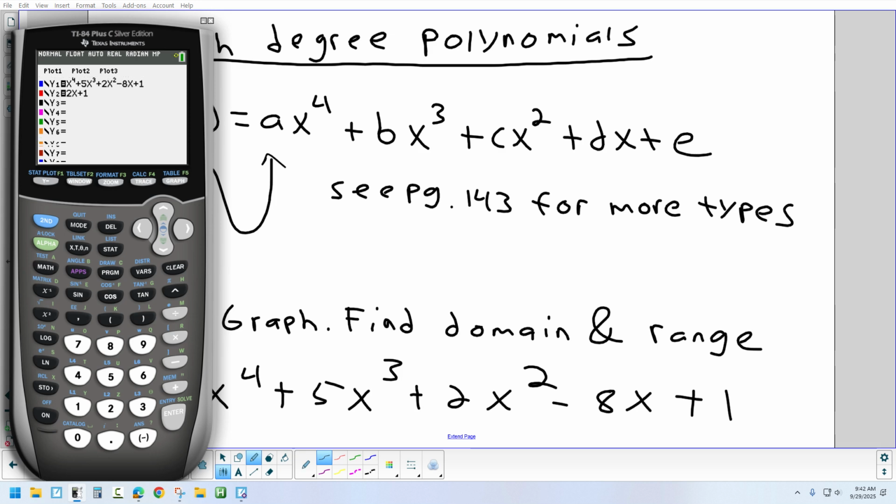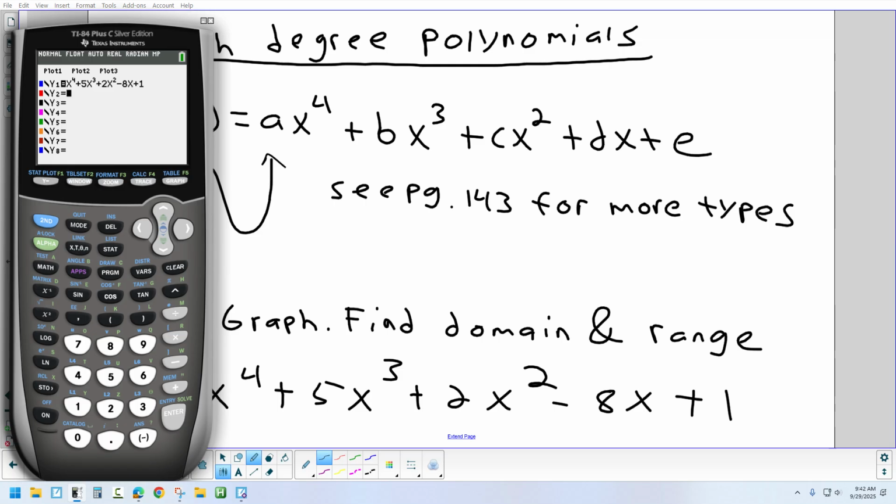What's the domain of that one? Well, Jaden, what's my domain? All real numbers. Don't even have to think about it with a polynomial. Always all real numbers. Right.